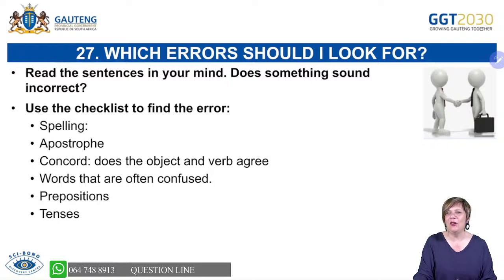We might use the incorrect preposition, or we'd make a tense mistake. So now that you have a list of things to look for, I'm sure it's going to make it so much easier to find that error. Do you notice? We will never ask you to correct a punctuation error. So don't worry about that.